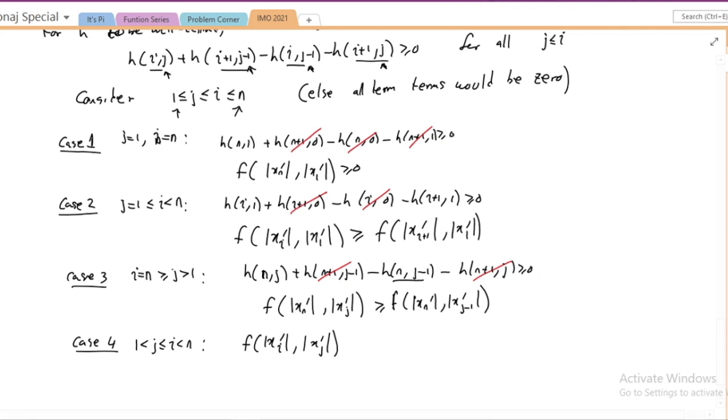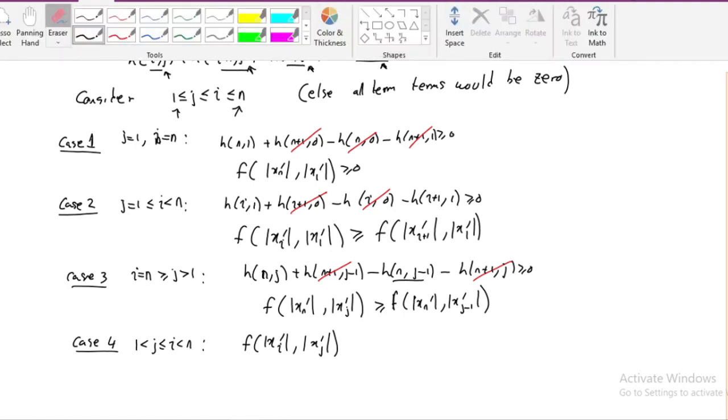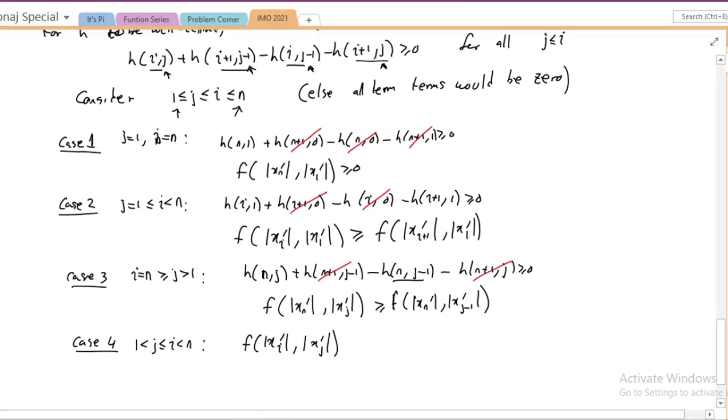Let's see the best way to do this. So just change some of this.